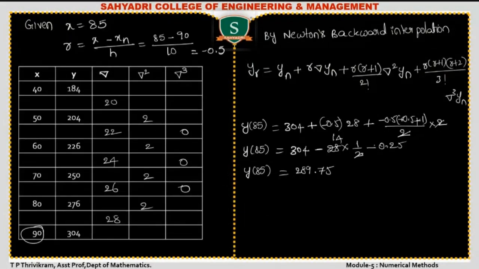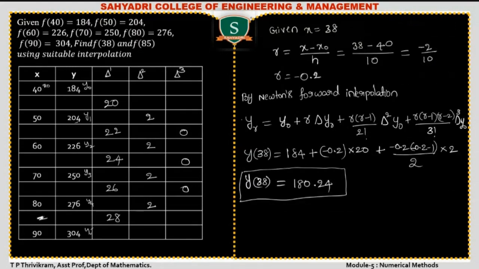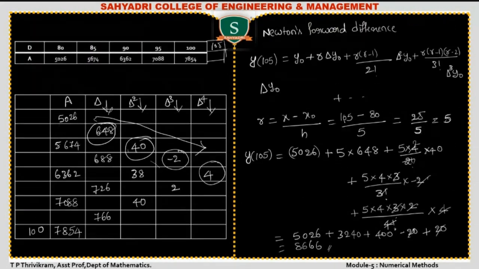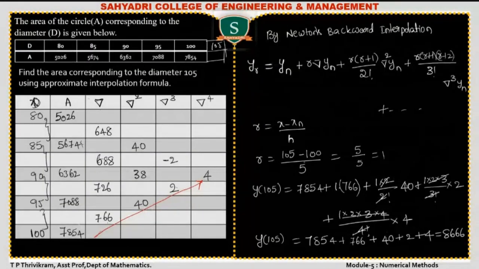Similarly, here also 80, 85, 90, 95, 100. The common difference is h. Okay, what happens if data is not equidistant?